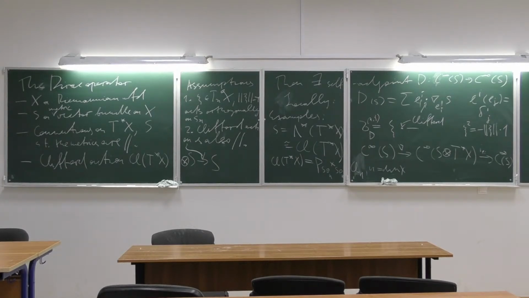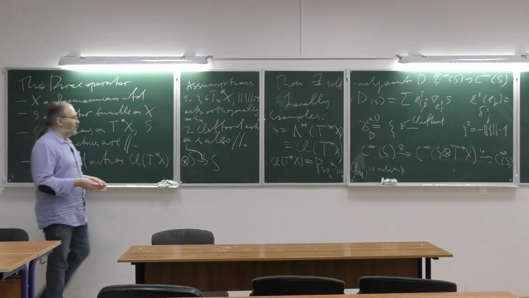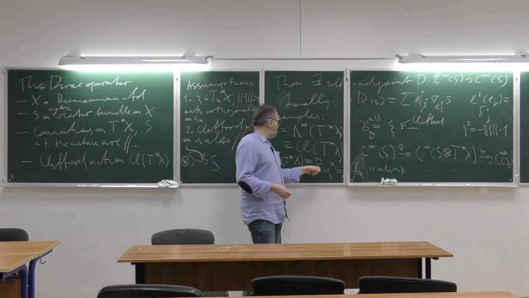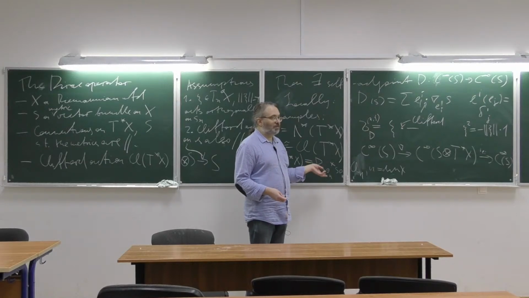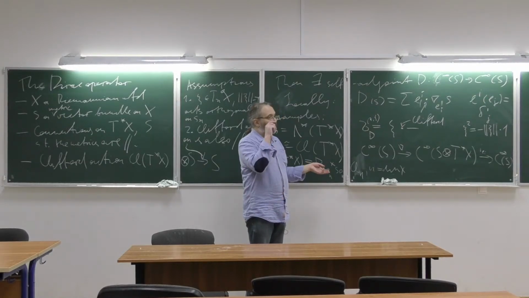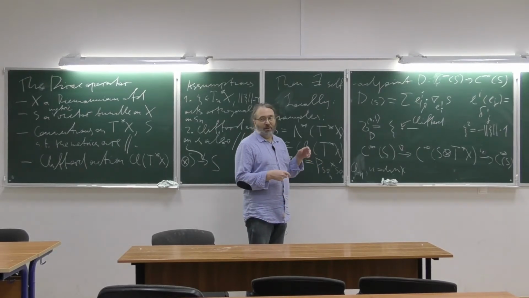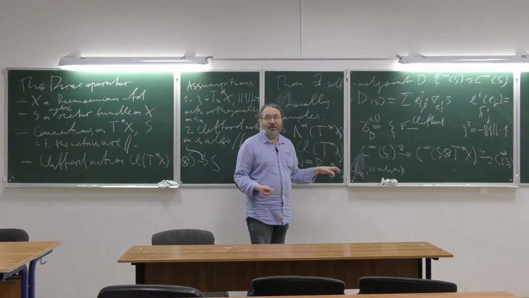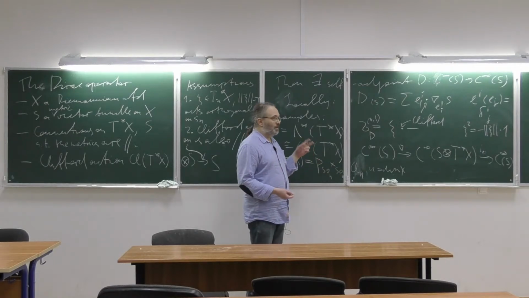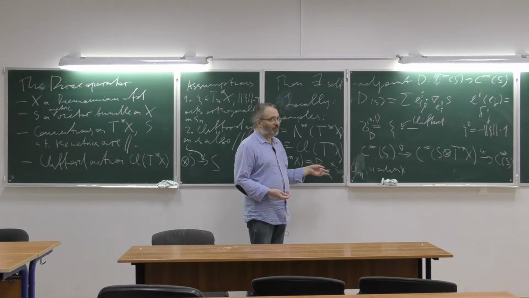Well, first of all, we take a connection on the principal bundle, and then starting from a connection on the principal bundle, we can induce a connection on every induced bundle.